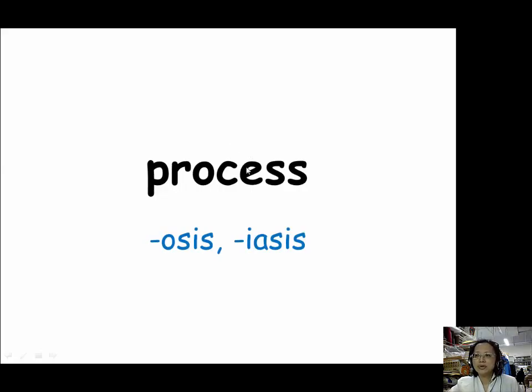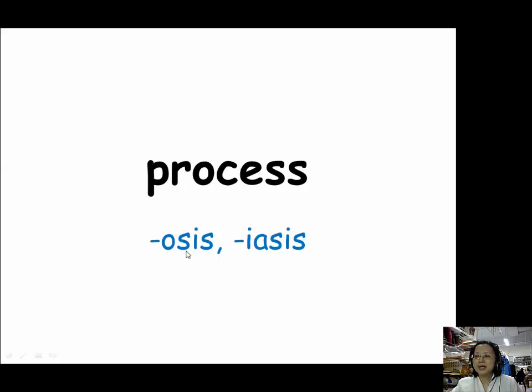Next, we are going to learn to describe a process. We often add one of these two suffixes at the end of it. One is OSIS, the other one is IASIS. But these two are often used for bad situations.